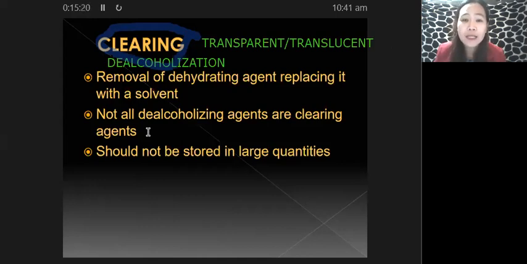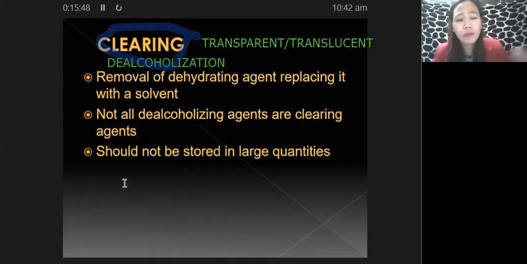That means there are certain reagents which are able to clear only but not dealcoholize. And there are also other reagents which are capable of dealcoholizing only but not clearing your tissue samples. Kaya nga, not all dealcoholizing agents are clearing agents and vice versa.